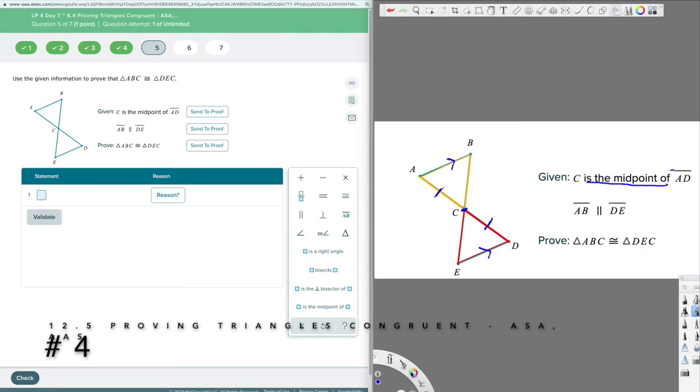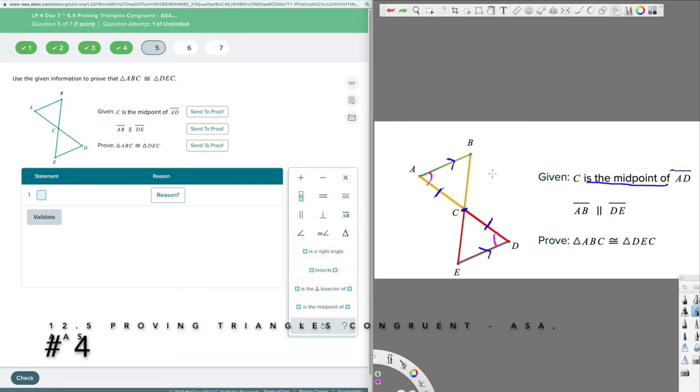I'll do this in pink, because I have parallel, transversal, and then parallel again. These are called alternate interior angles. So I know that angle A is congruent to angle D, because these lines are parallel. I have to state this first before I can start saying that angle A is congruent to angle D.